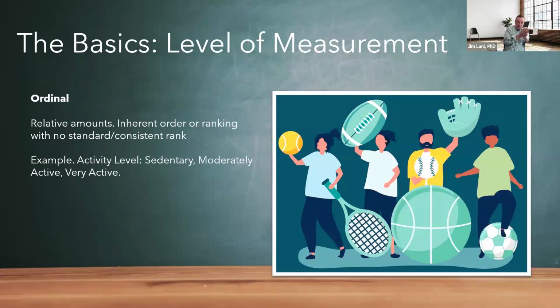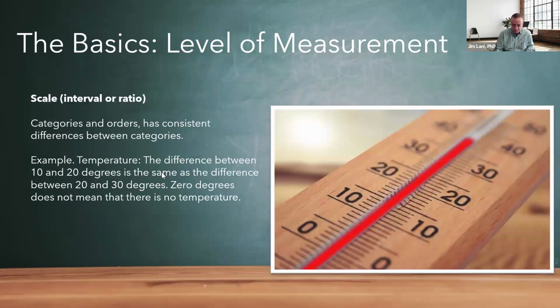Again, the amount of activity between sedentary and moderately active may be very different than the energy expelled between moderate activity and very active. So ordinal is just ordered, nominal name only. Scale, again, equal intervals like in a temperature, 10 to 20 degrees. It's the same difference as between 20 and 30 degrees.